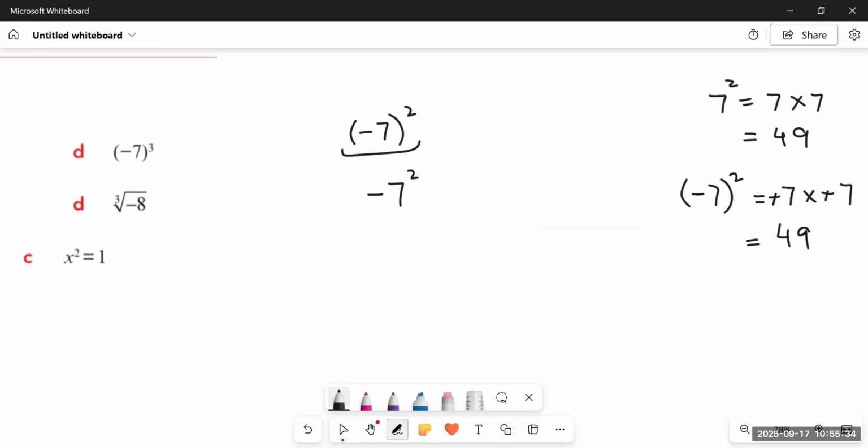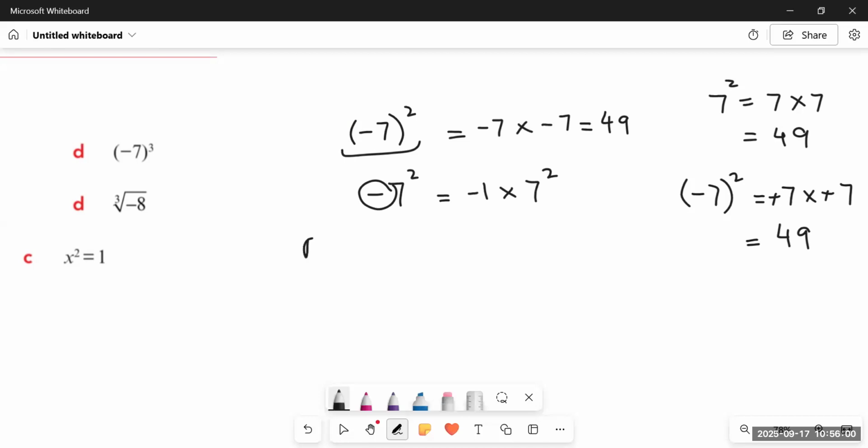This means we are squaring a negative number. So the answer to this one would be positive 49. But when we talk about -7 square without the bracket, it's not (-7) whole square anymore. It's actually minus 1 multiplied by 7 square. This minus sign tells us that the minus is multiplied with 7 squared.